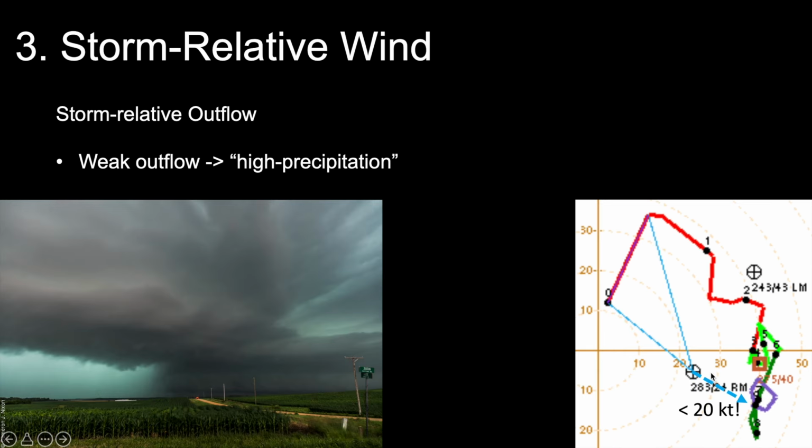Whereas when we have weaker storm relative outflow aloft, say in this case less than 20 knots, we get big HP beast storms. These are really difficult to spot, and these can also generally lead to some pretty messy storms as well, as they're forced to kind of inhale all of their precip that they just dumped amongst themselves.